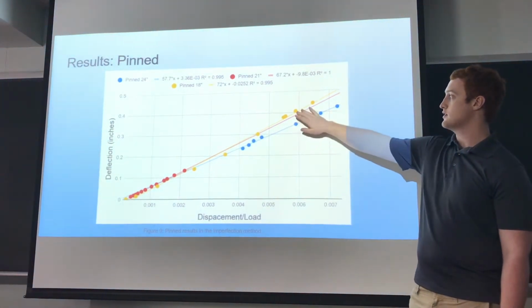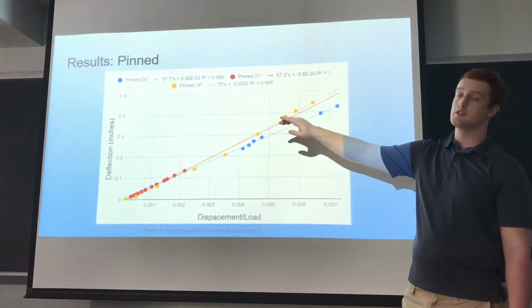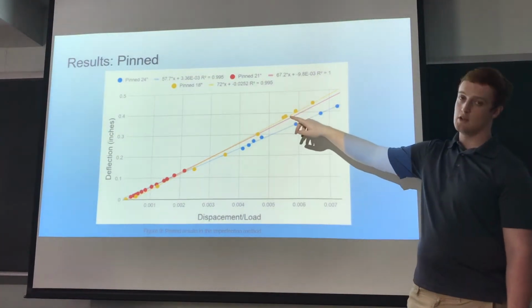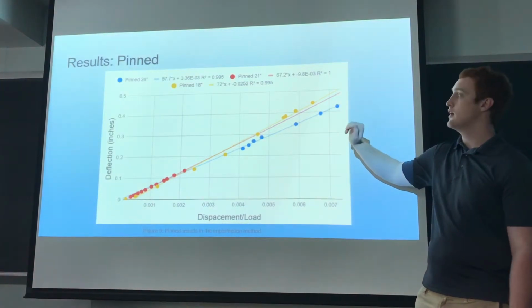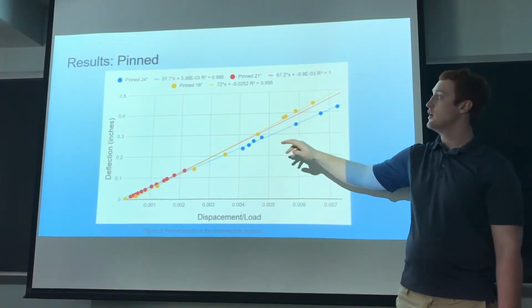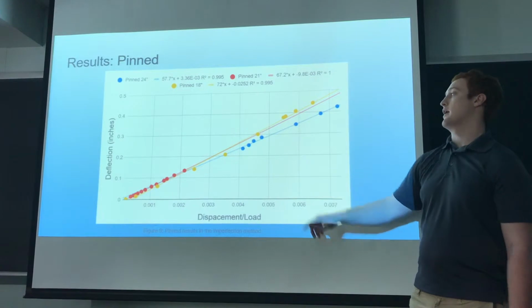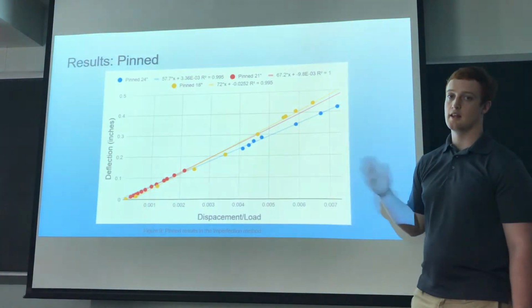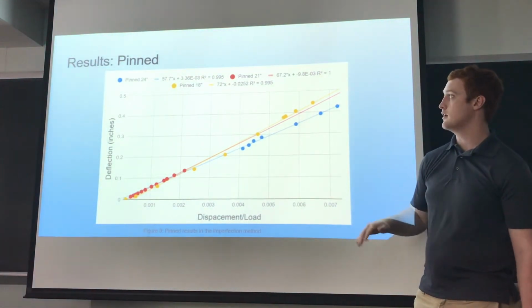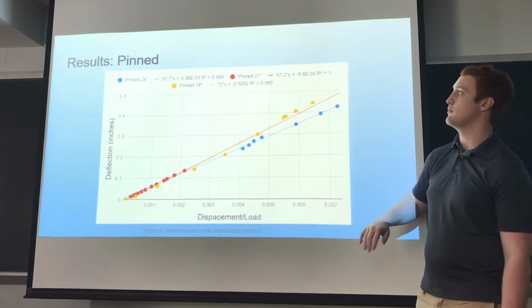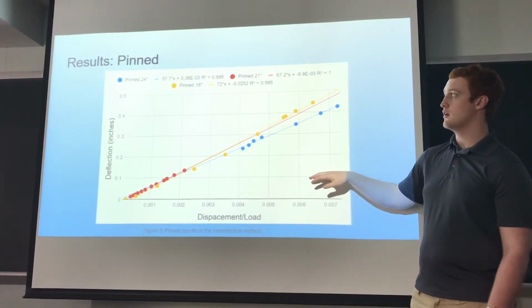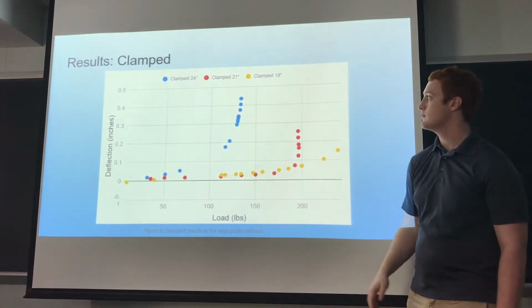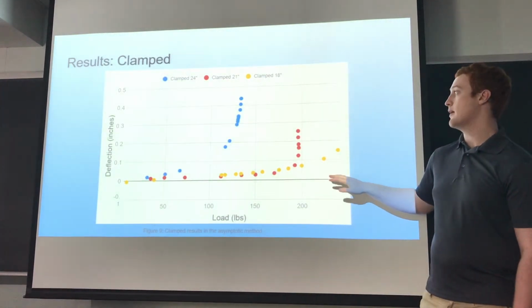And this gives us slopes of, for the 18-inch pin condition, 72 pounds, for the 21-inch, 67.2 pounds, and for the 24-inch, 57.7 pounds. So they are slightly higher than the estimations we made for the asymptotes, because this is a better approximation of that. So here we have the results for the clamp section.